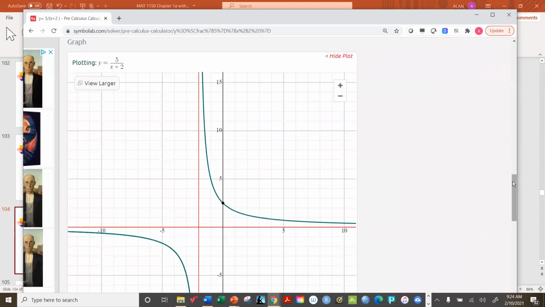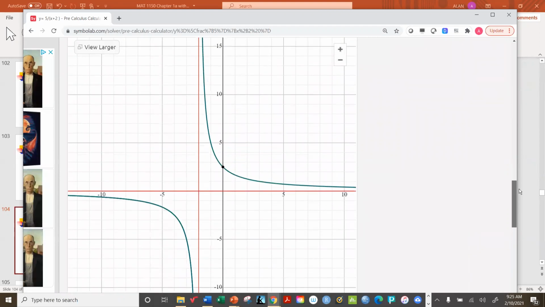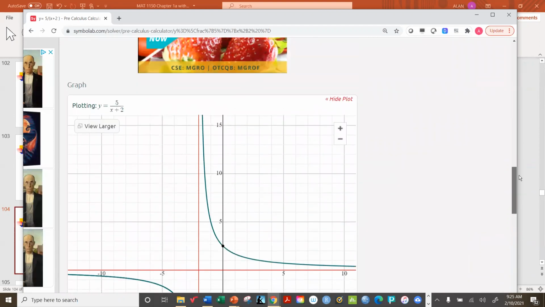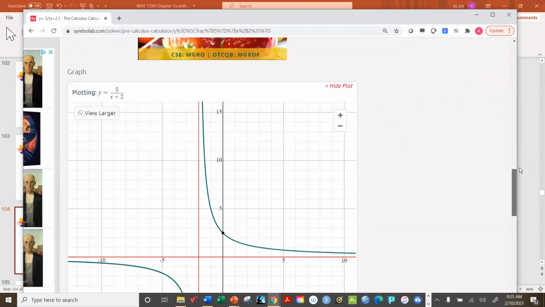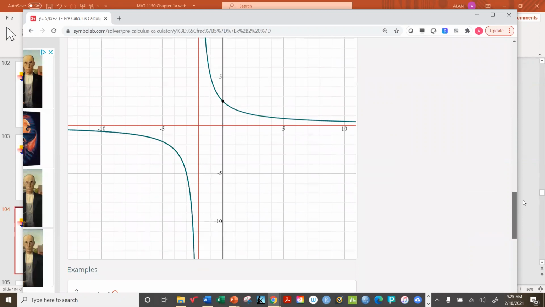Oh boy, look at that. Something's not allowed here. So it looks like, is that right? Oh, well, wait a minute. Now, what did they do here?